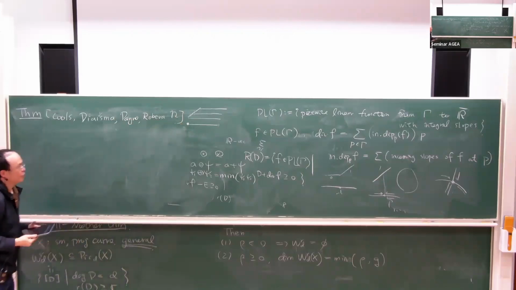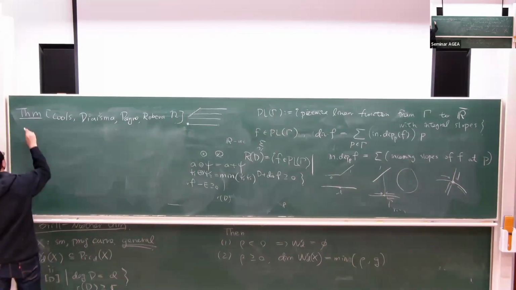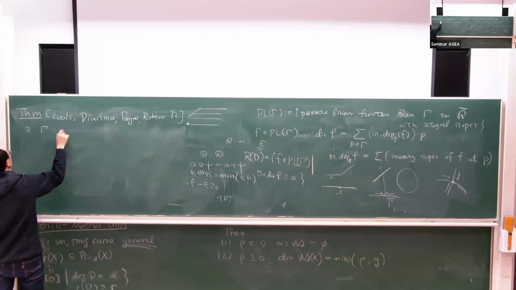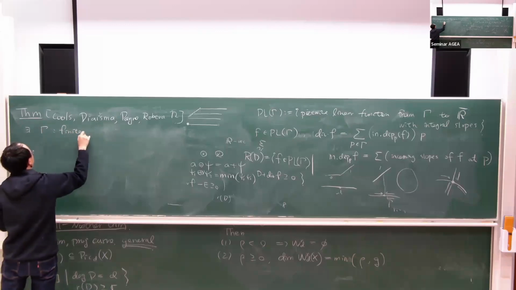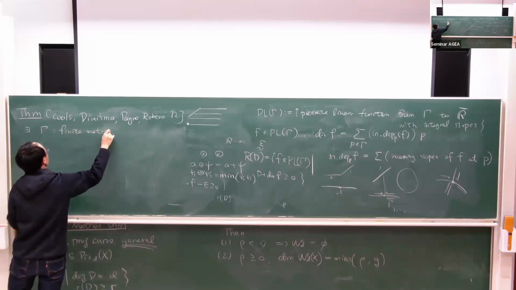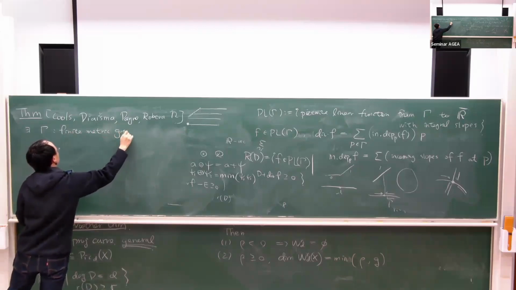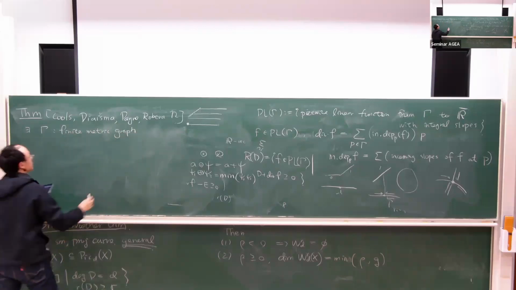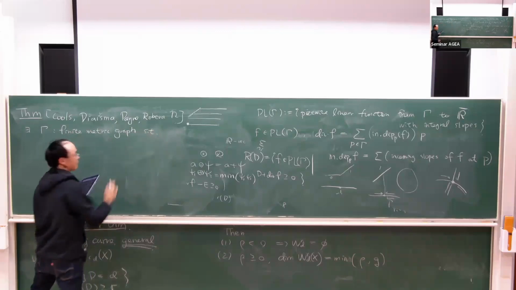So they actually find a Brill-Noether general finite metric graph. So there is a finite metric graph such that the following things are satisfied.